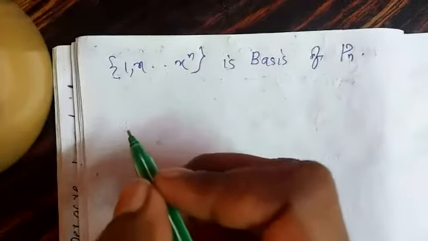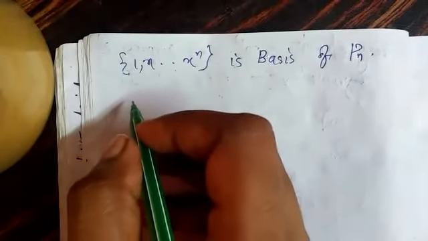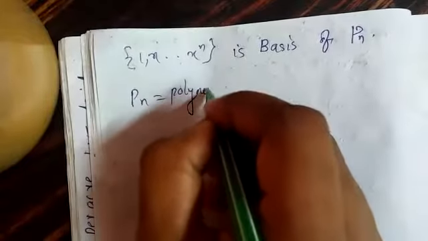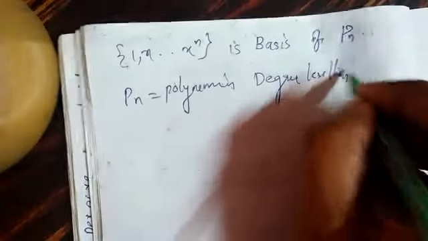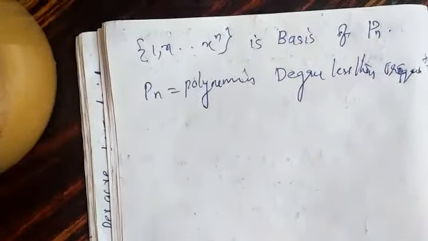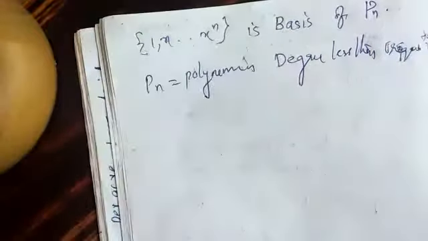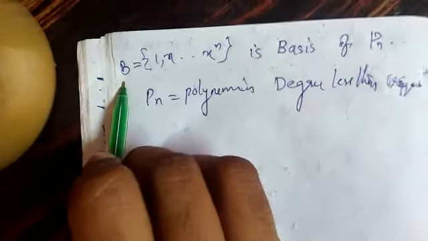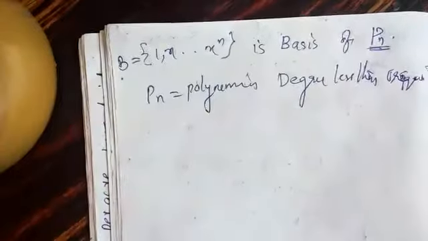Pn is the set of polynomials of degree less than or equal to n. We have to show that this set B = {1, x, x², …, xⁿ} is a basis of this vector space.